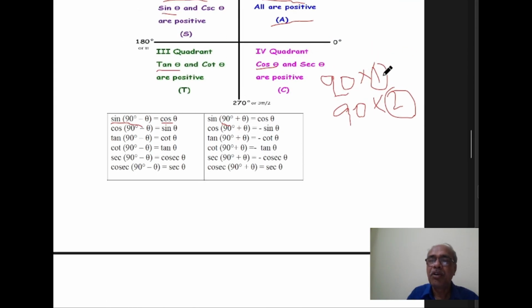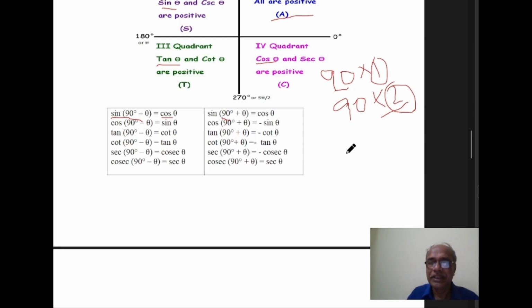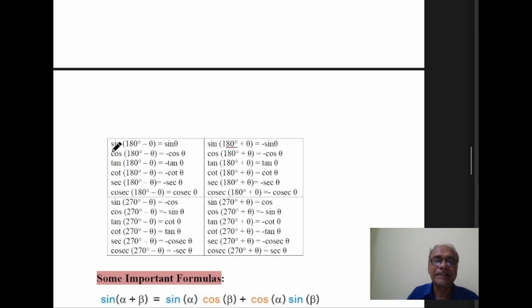If it is the odd multiple, then sine will be converted to cos, cos will be sine, tan will be cot, cot will be tan, sec will be cosec, and cosec will be sec. And if it is even multiple, then you keep it as is: sine will be sine, cos will be cos.